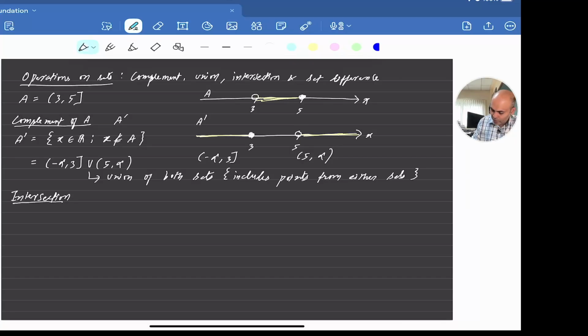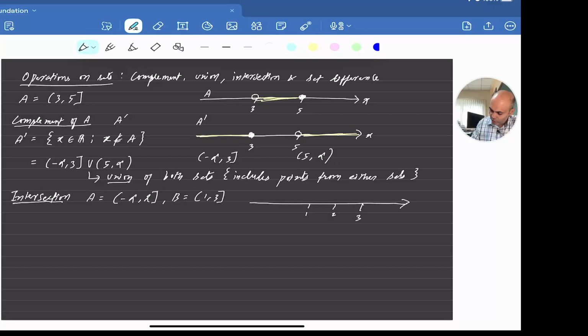So we have discussed union. Now let's discuss intersection. Let's take another example. A is from -infinity to 2, and B is (1, 3]. So let's represent them graphically. We have 1, 2, and 3.